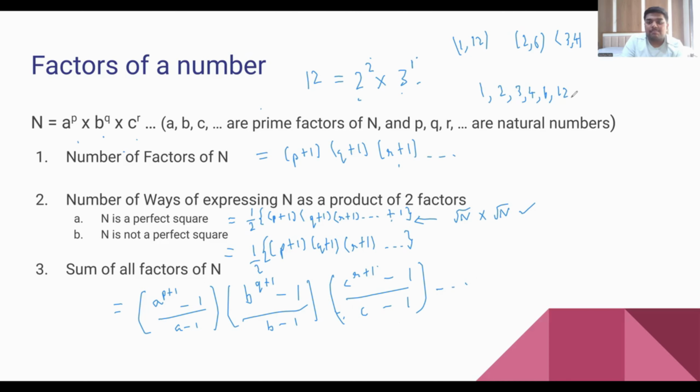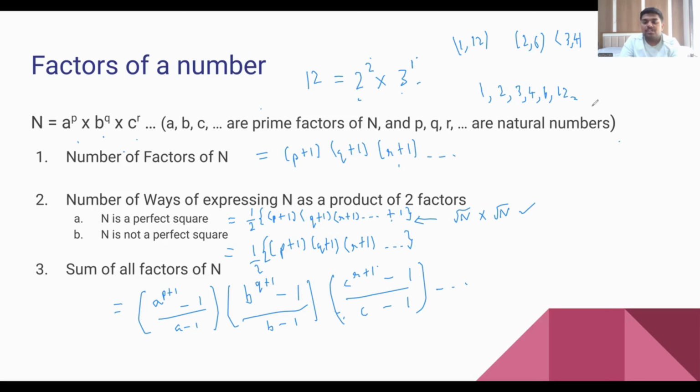Now, if we look at the example that we had, the sum of all the factors will be equal to 1 plus 2, 3, 3 plus 3, 6, 6 plus 6, 12, 12 plus 12, 24 plus 4, 28.